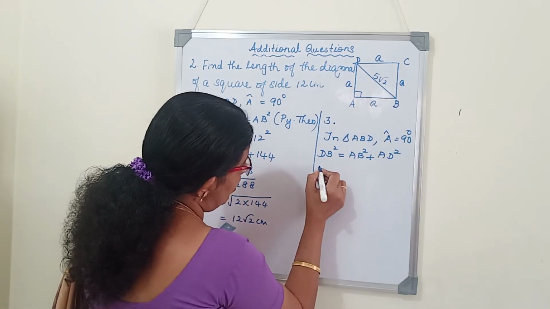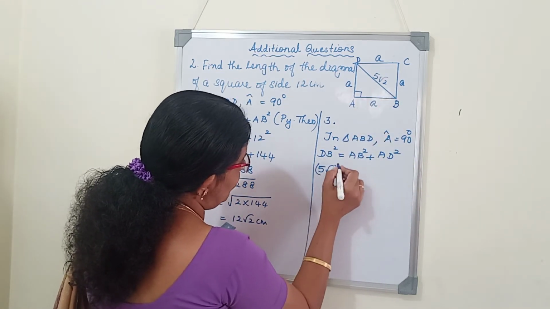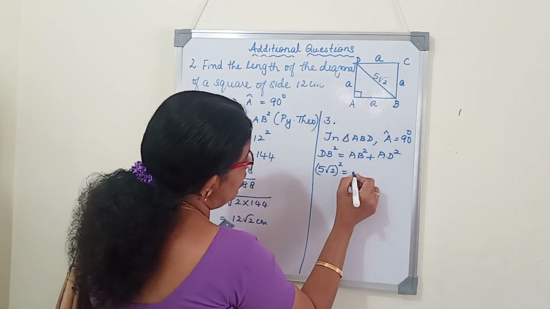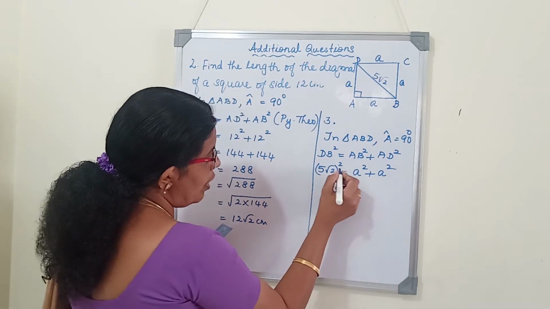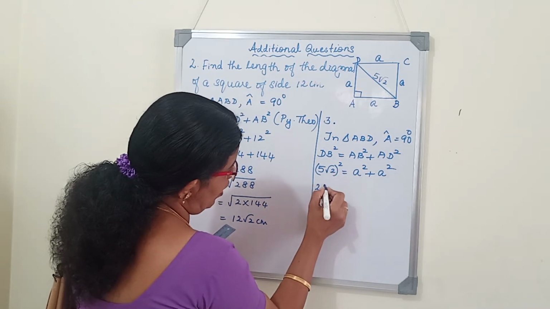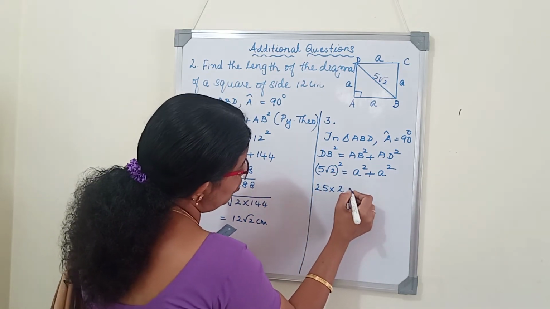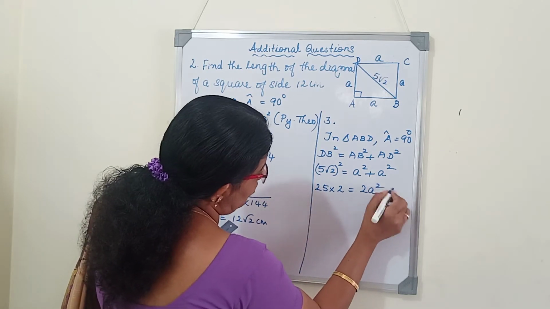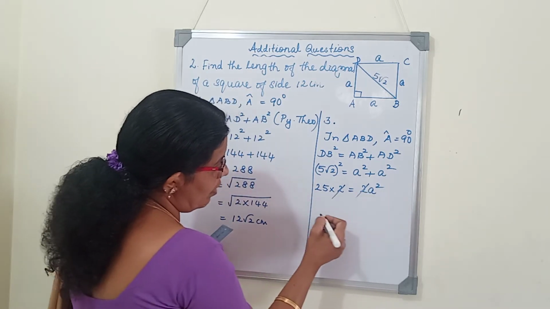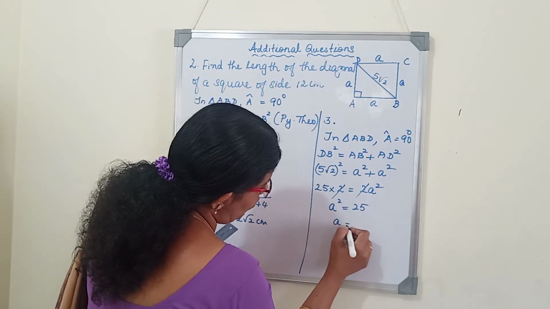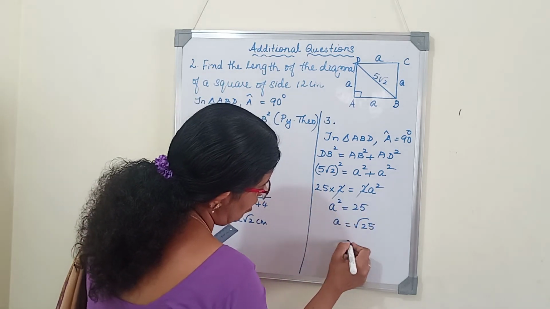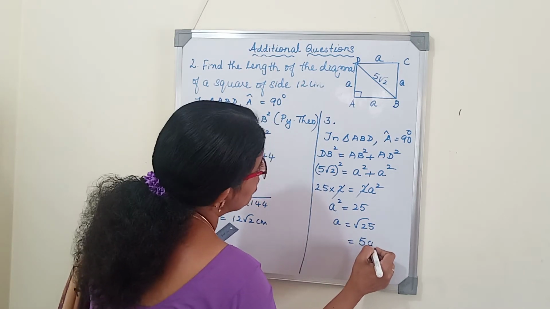Only the diagonal is given: 5 root 2 the whole square is equal to AB square, it is a square, again AD square is also a square. 5 root 2 square: 5 square is 25, root 2 square is 2, equal to 2a square. Both the 2 we will cancel. a square equals 25, a equals square root of 25, it is 5 centimeter.